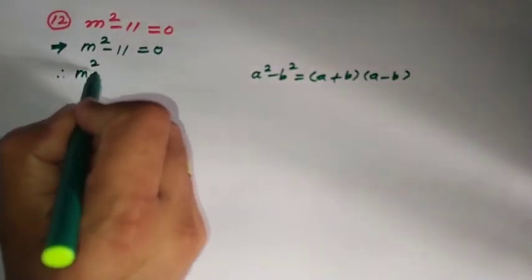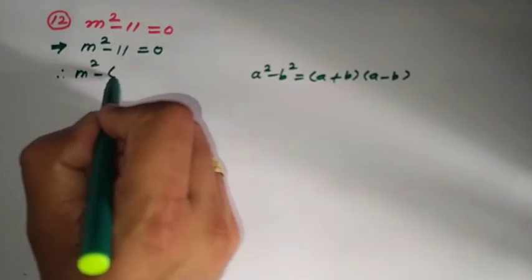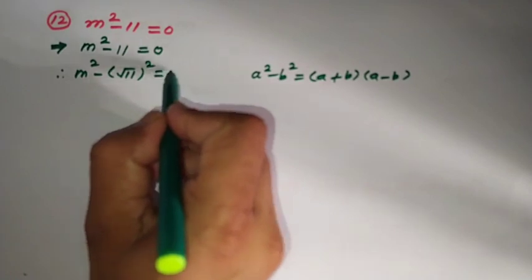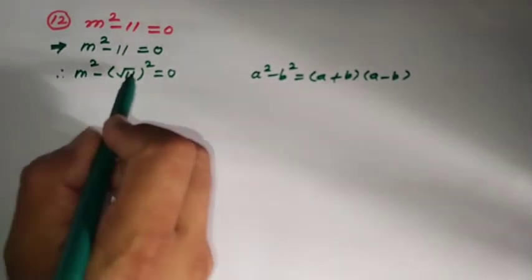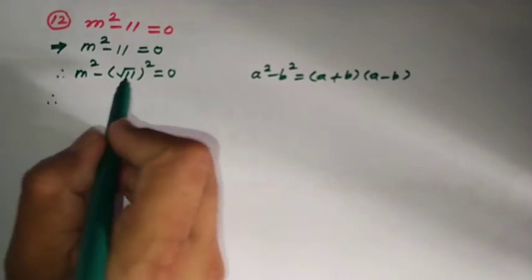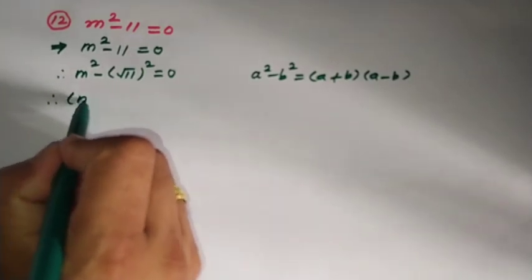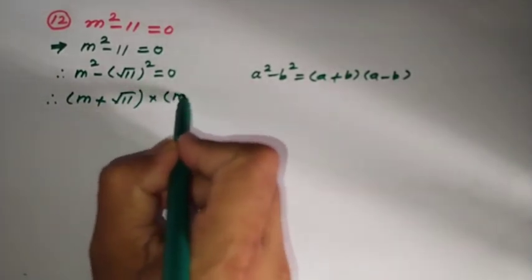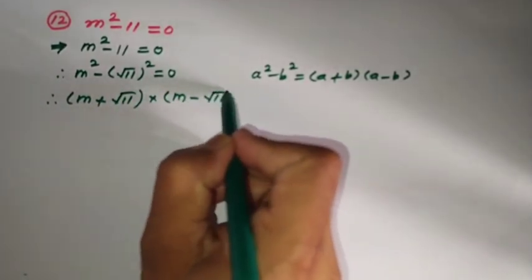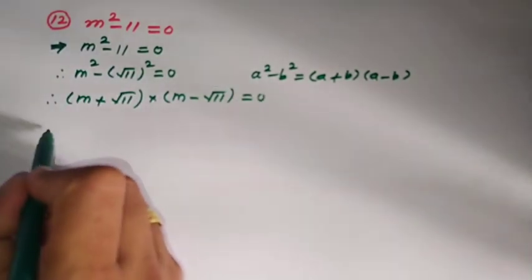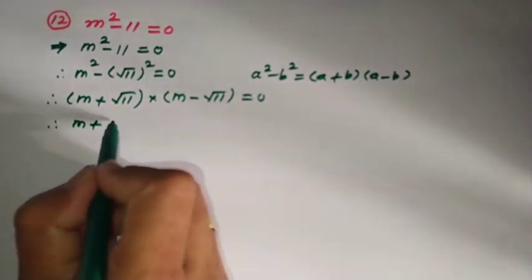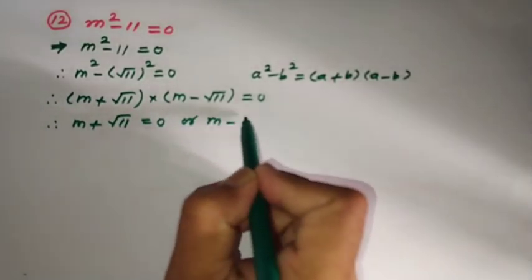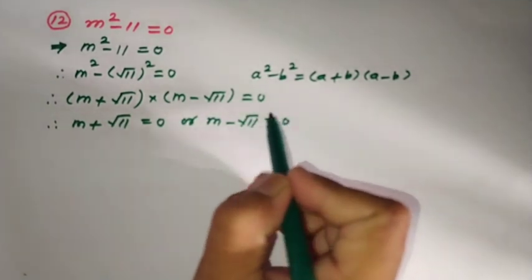M square minus 11, write in this form: m square minus root of 11 square is equal to 0. First term m and second term root 11. Write m plus root 11 and m minus root 11 is equal to 0. Therefore, m plus root 11 is equal to 0 or m minus root 11 is equal to 0.